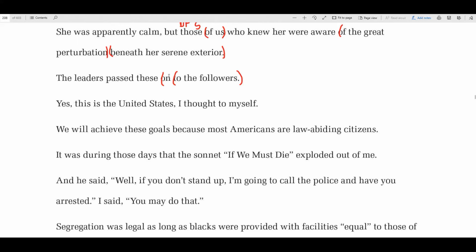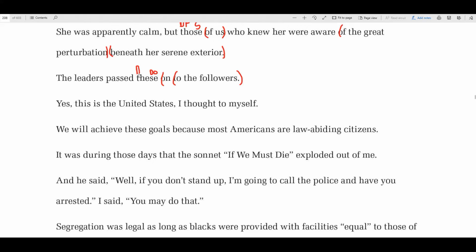Okay. Passed. Who or what passed? Leaders passed. Who or what? These. So these is a direct object, which makes it what kind of pronoun? DP. Demonstrative pronoun, because it's a direct object.